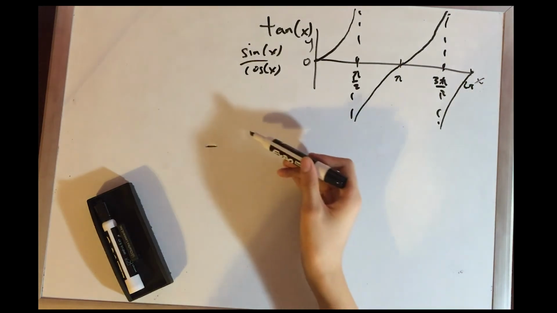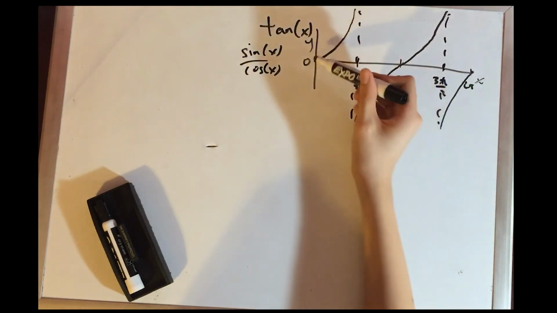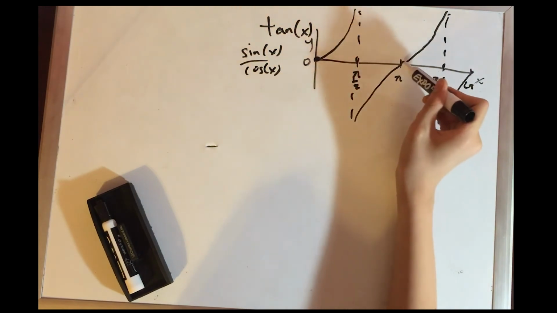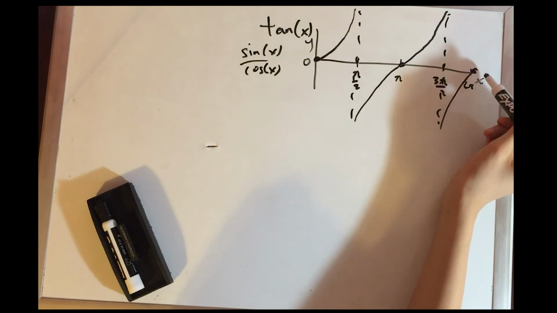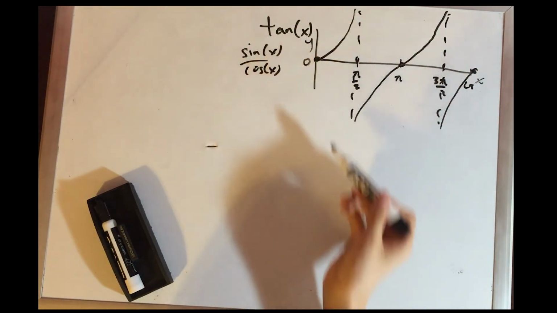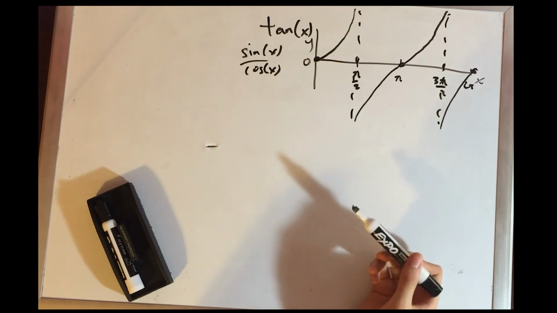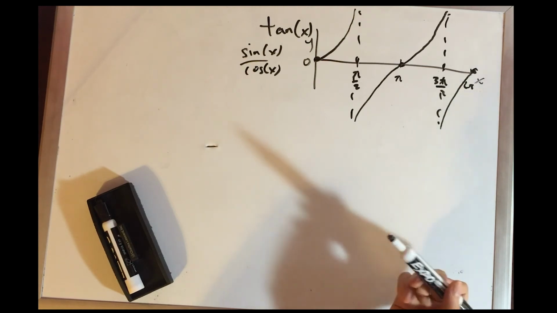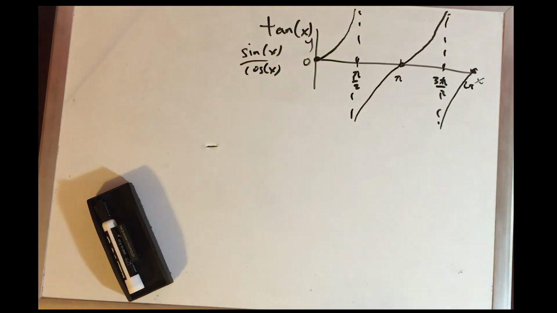And at the values at which sine of x is 0, the tangent of x will also equal 0, and so these points are where sine of x equals 0. So even if you just know that, you can get a general look at how tangent of x looks. But again, I would advise you to just memorize the general trig functions and what they look like.